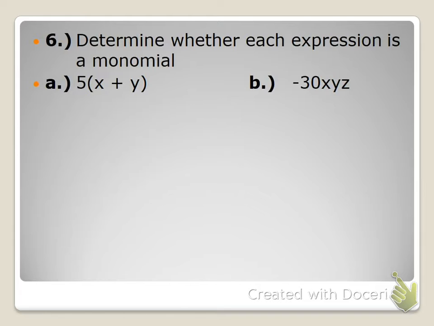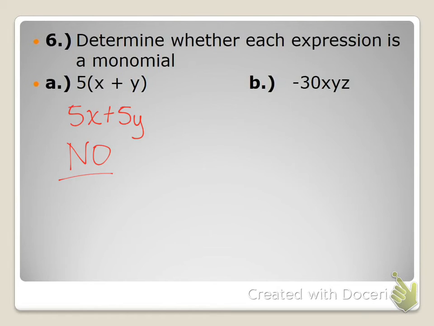Okay, so determine whether each expression is a monomial. Do we think A is going to be a monomial? No. What if we distribute? If we distribute, is it a monomial then? No, okay, because of that plus sign. So it's not a monomial either way. What about letter B?